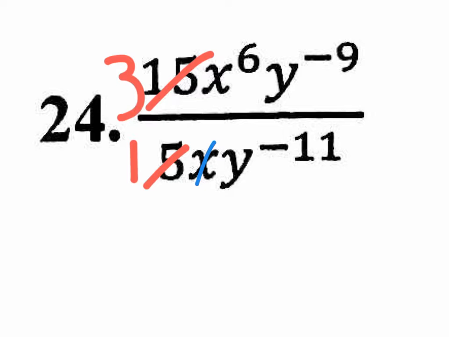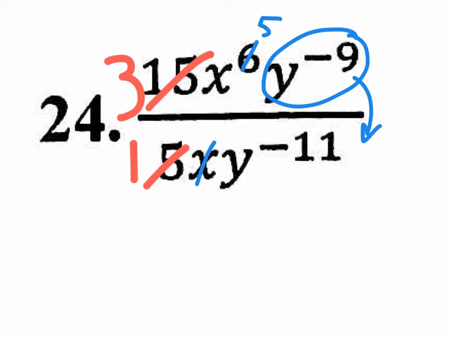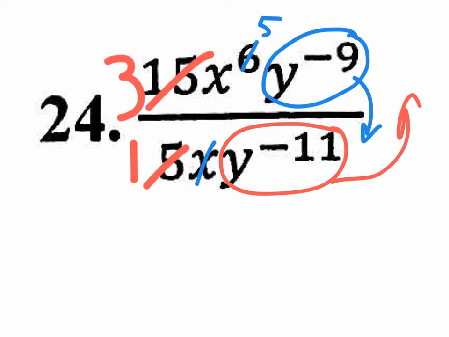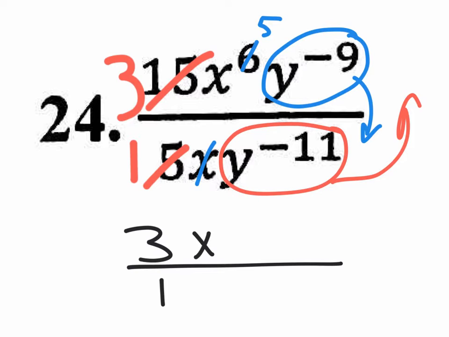So one of those x's cancels out with one of those, and you're going to have 5 left over up on top. And then you get to the y's, and you have negative exponents on the y's, so grab that guy and move it down, but grab this guy and move it up. So your final answer, you're going to have a 3 up on top, a 1 on the bottom, an x to the 5th up on top, a y to the 11th up on top, and a y to the 9th on the bottom.